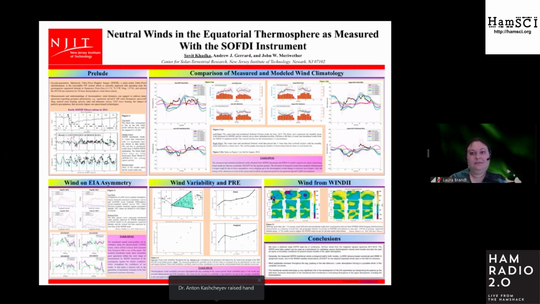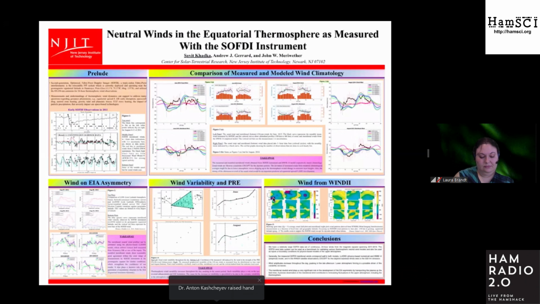That strengthens the confidence of our result. Similarly, in figure 3a, that is the left 3 subplots for June 2015, and 3b, that is the right 3 subplots for August 2014, SOFDI winds are compared with the SWM14 model wind respectively. The left top panel is for zonal and bottom panel is for meridional wind.